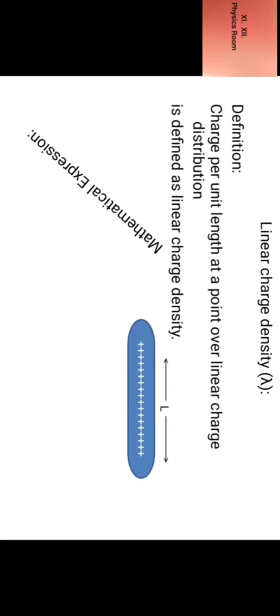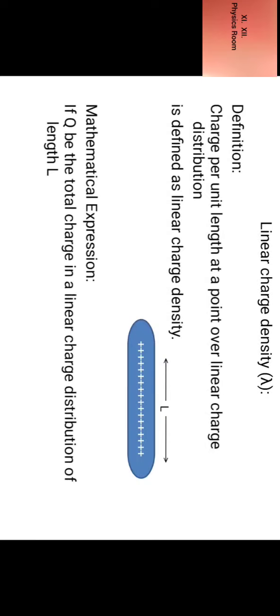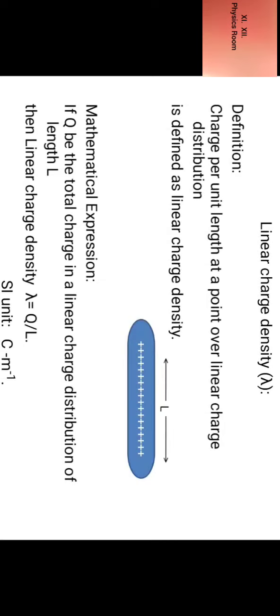Now we talk of the mathematical expression. How do we write mathematically the linear charge density, lambda? Consider Q to be the total charge on a linear charge distribution of length L. Then linear charge density lambda, according to the definition, will be equal to Q by L. Its SI unit will be coulomb per meter, since Q has unit coulomb and length has unit meter.